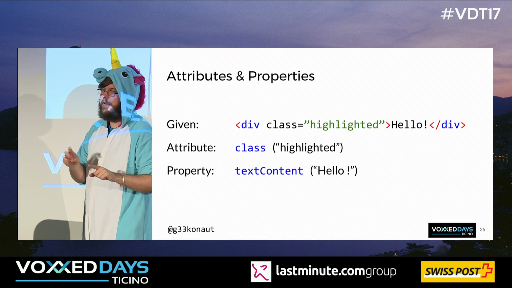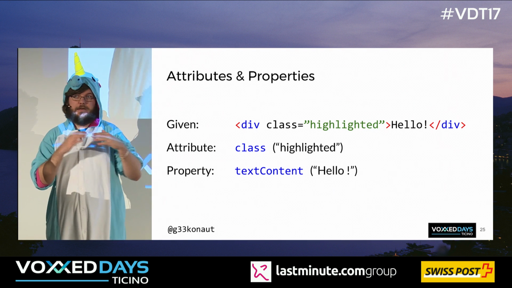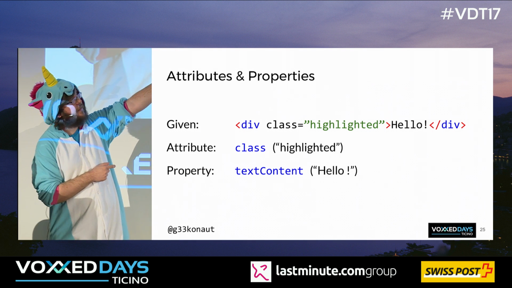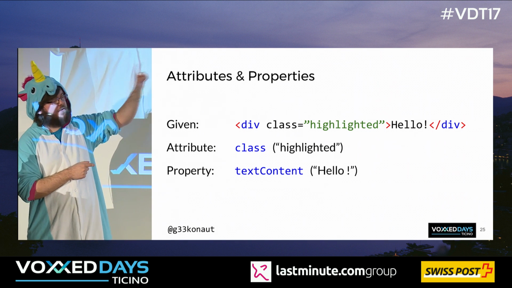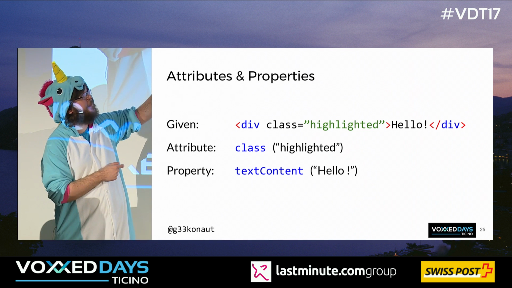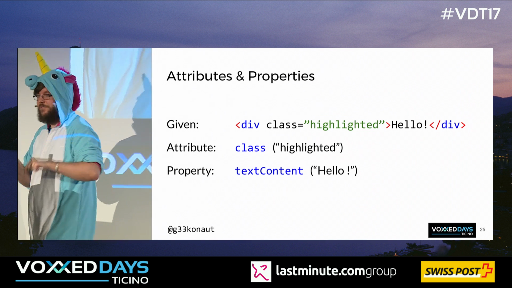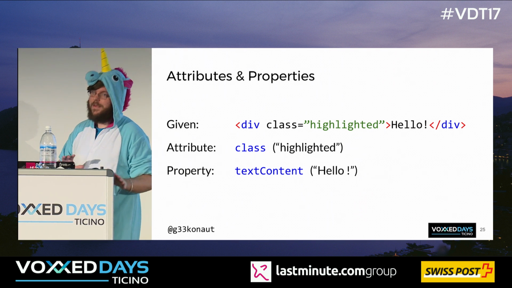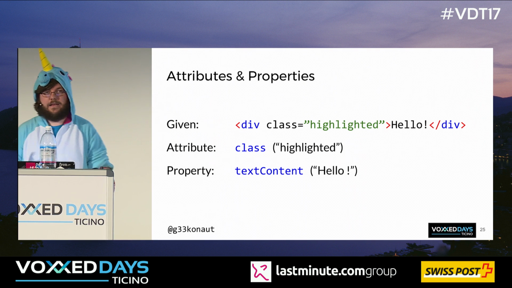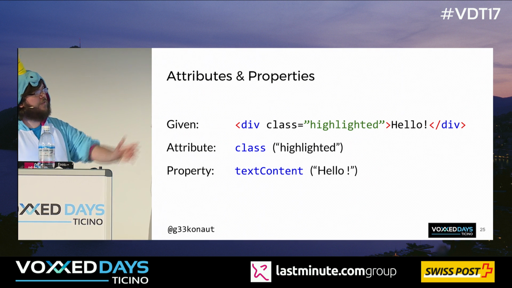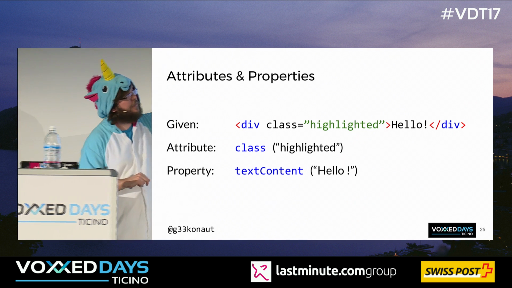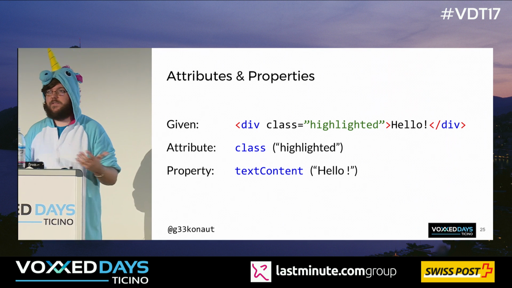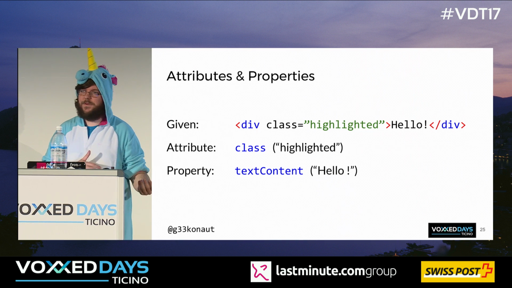So for instance, .href and href in a link are both a property if I'm using it in the HTML like that, and an attribute if I'm using it in the HTML like that, and a property if I'm using .href. So properties and attributes are not the same, but they can have the same name, right? So textContent, for instance, I can't go into the div and type textContent hello, and then it shows up. It doesn't work. It doesn't have that attribute, but it has that property.